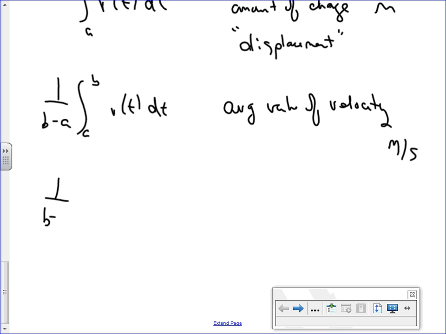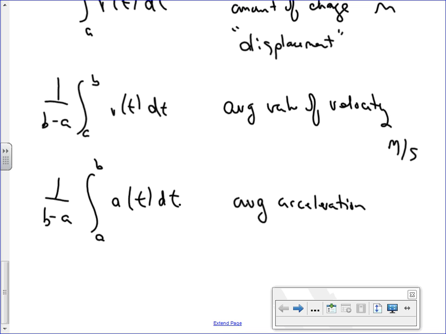This is a new one. I haven't done this on one of the other ones. If I did this, just because it has a name, I'll do it. What is that going to be? It's going to be the average value of, or the average acceleration.